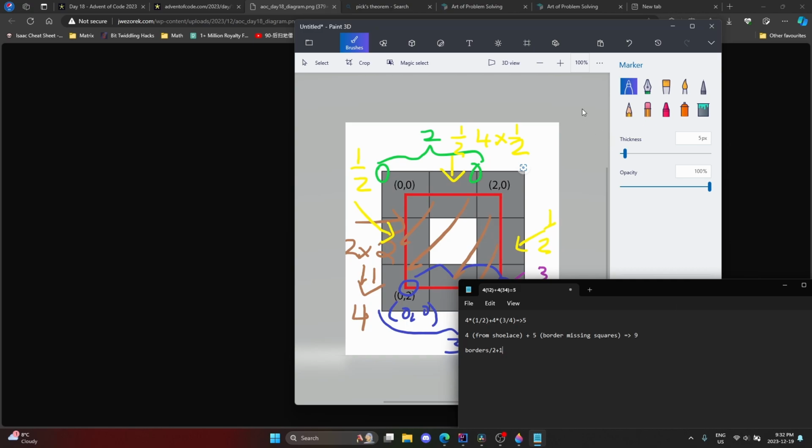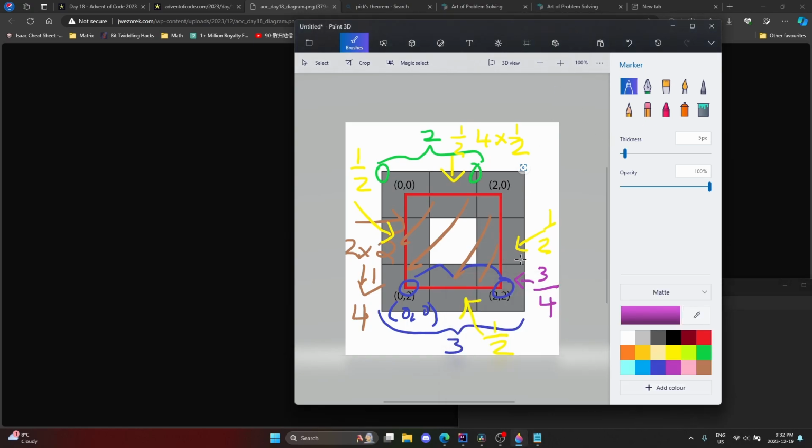And the way you can imagine this is, if you take all the borders except these 4 corners and you pair them up together, you add up all the half they have.